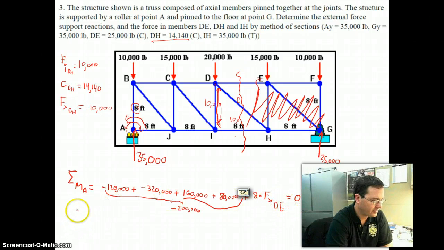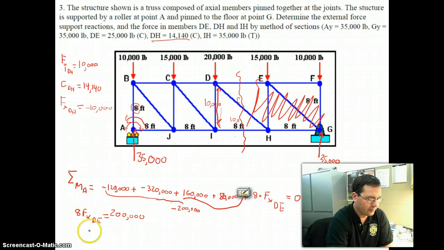Or another way I can think of this is 8 times the force in the x direction exerted by DE equals 200,000, because now I've moved it over onto the right side of the equal sign. So now I just do division, and I find that the force that is exerted by the component DE is 200,000 divided by 8, which is 25,000 pounds.